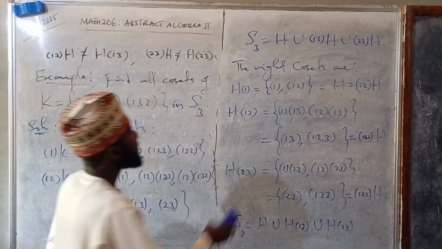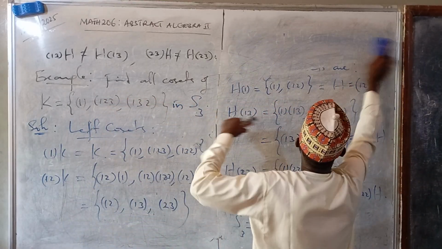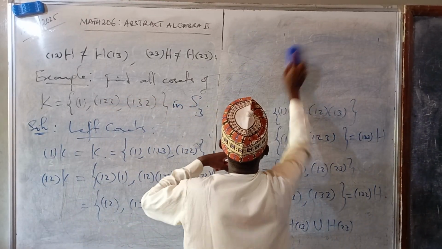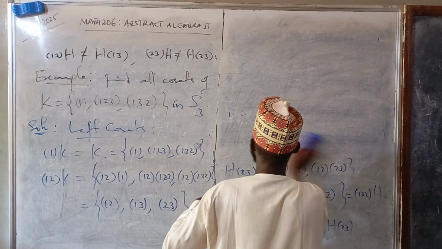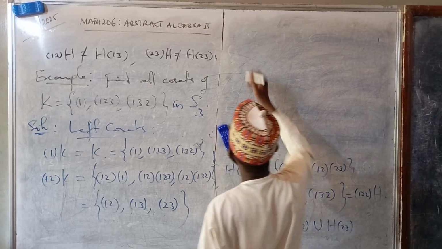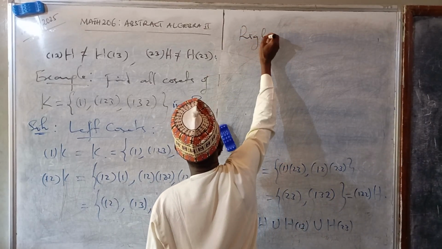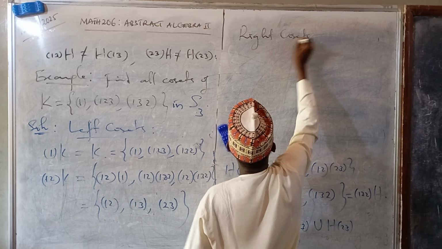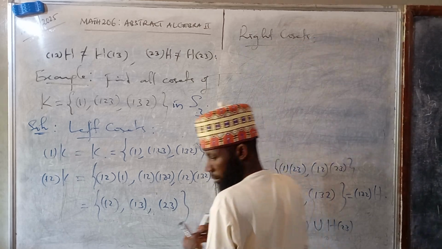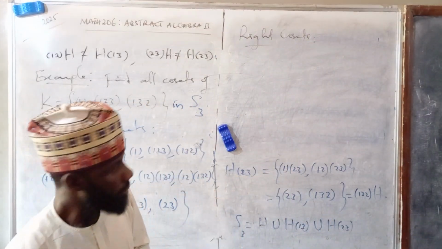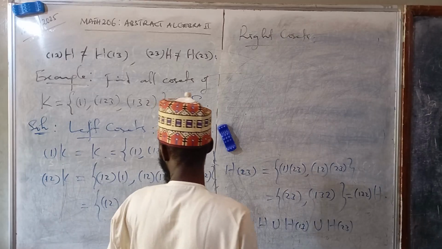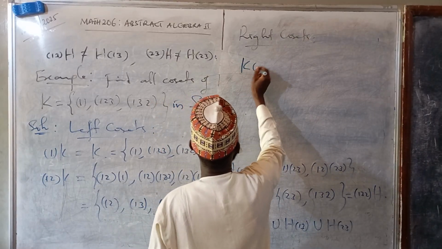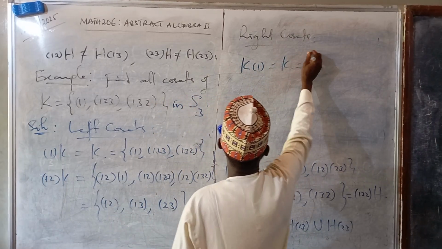Okay? How about the right coset? For the right coset, we generate using the identity, and it is K still.